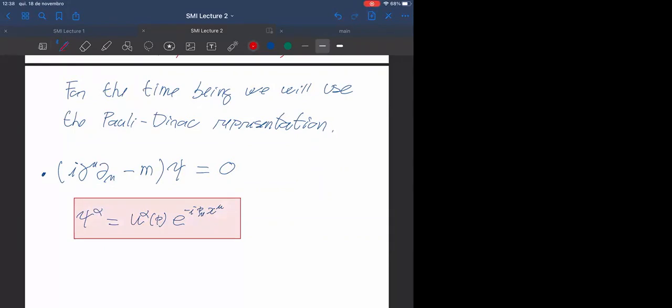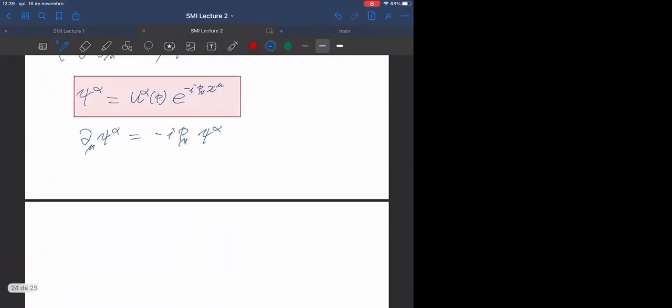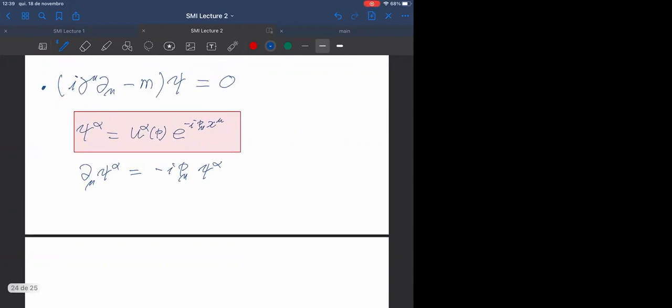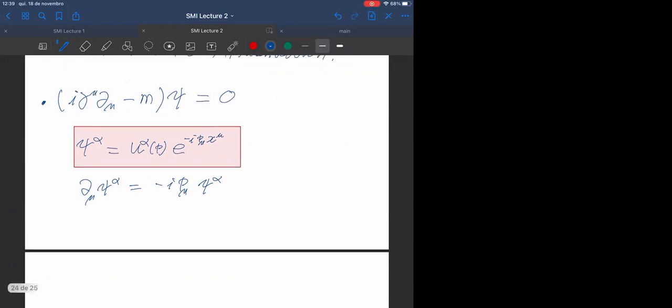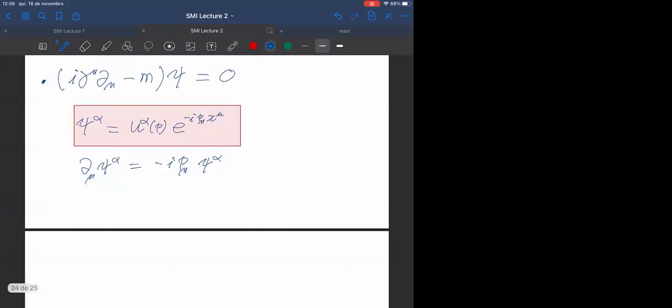So clearly, d mu psi alpha is equal to minus i p mu psi alpha. We can trade the derivative d mu for this p, and rewrite the Dirac equation in the following way, without i: gamma mu p mu, or p slashed if Osvaldo prefers, minus m, u alpha of p, equal to 0.